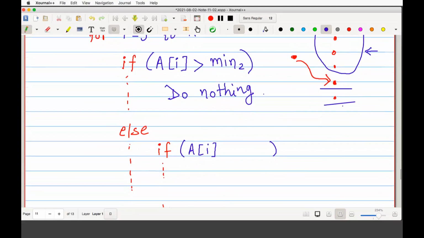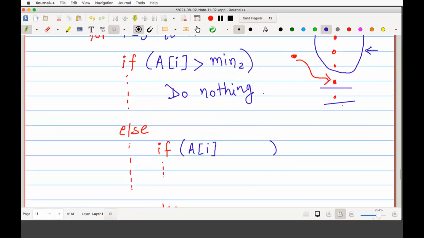Yeah, so if Ai is less than min 2, then the next thing we should do is compare it with min 1, right? If it is greater than min 1, that means it lies here. So if Ai is here, then I just need to update my min 2, right? Min 1 remains the same, so I just update min 2 equal to Ai.